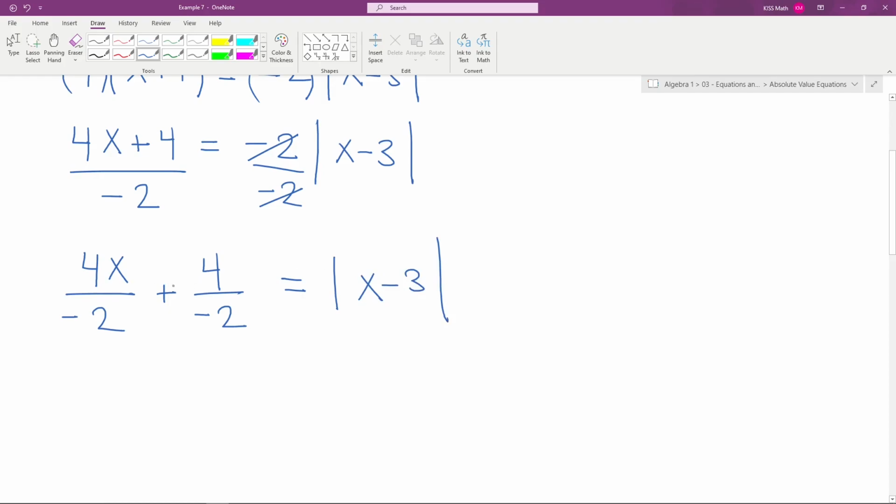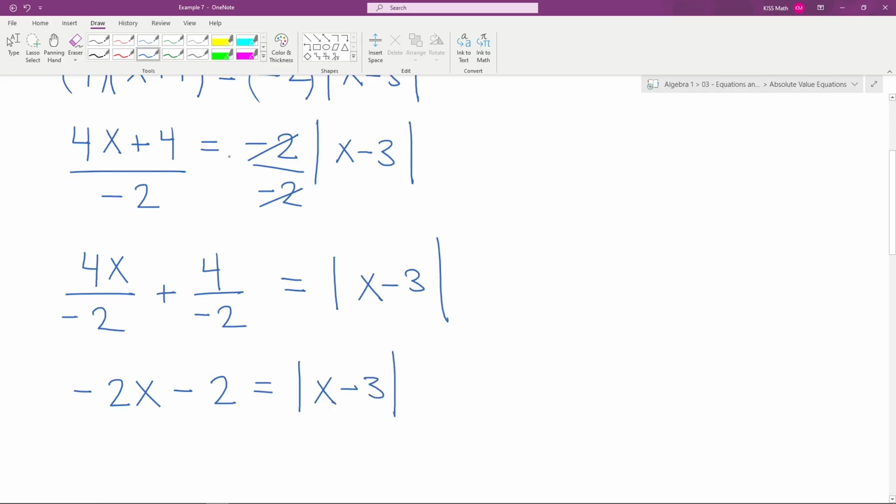And we can simplify this one more time. So 4 divided by negative 2 is just negative 2x, right? Positive divided by a negative number gives you a negative number. And then plus a negative number, so that's just going to be minus 4 divided by 2 is 2. And that is still the absolute value of x minus 3.